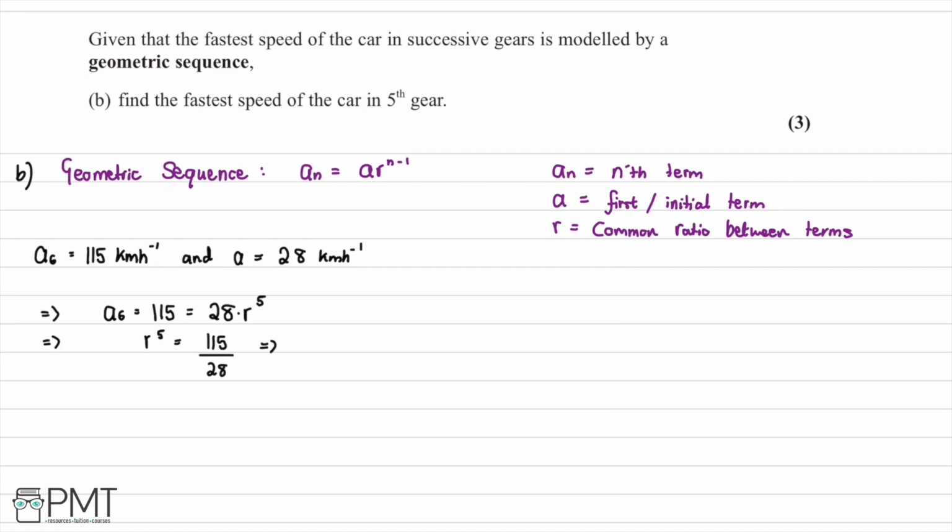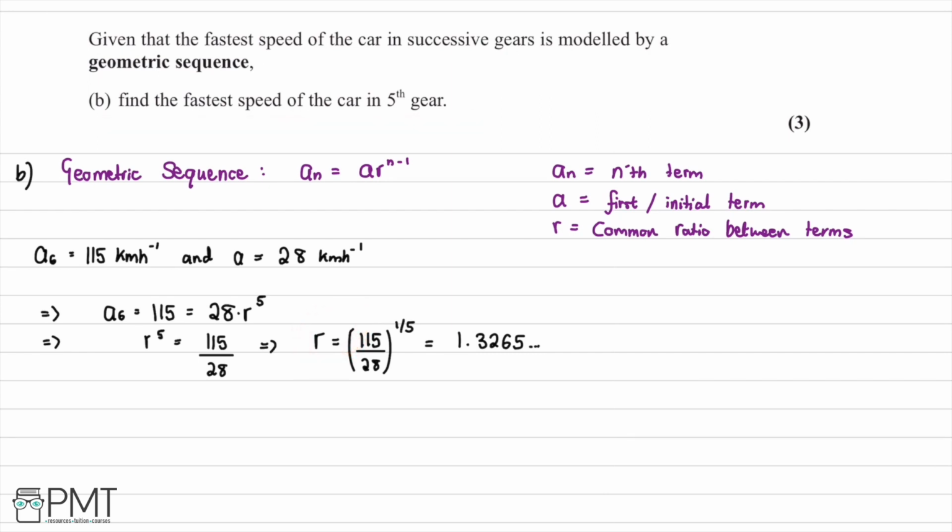Then we take the fifth root of this to find r on its own. So that's going to be 115 divided by 28, all to the power of 1 over 5. And we put this into our calculator, and this comes out as 1.3265, and so on.